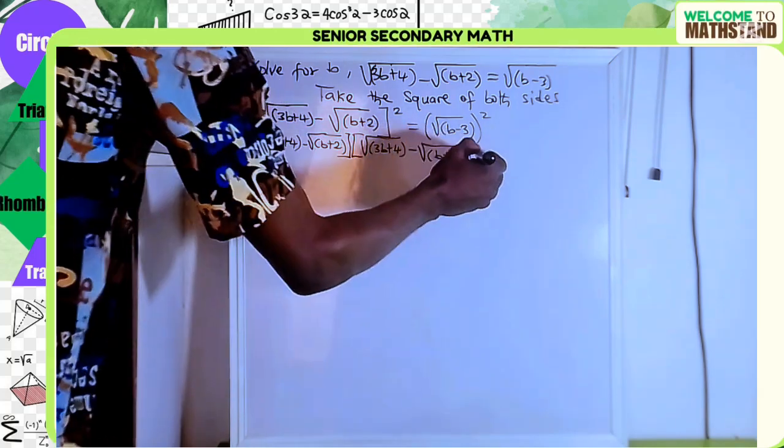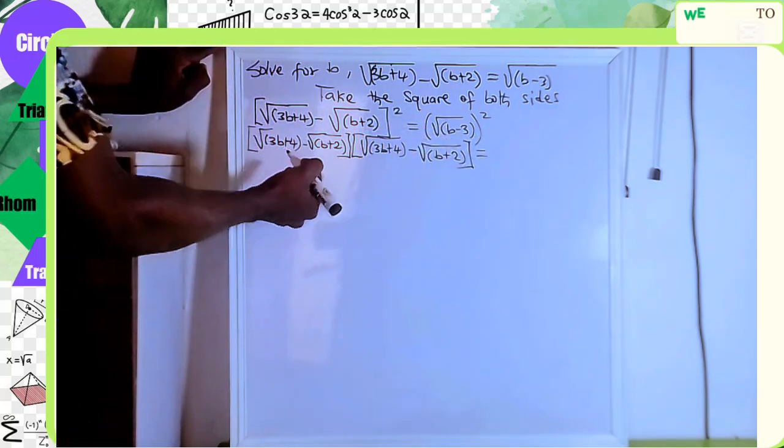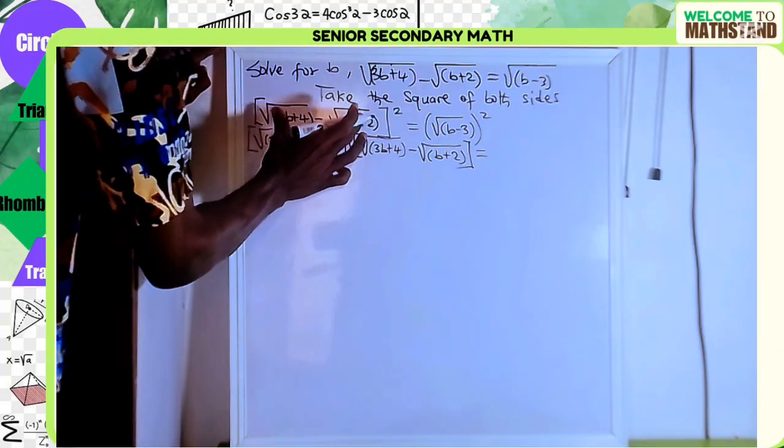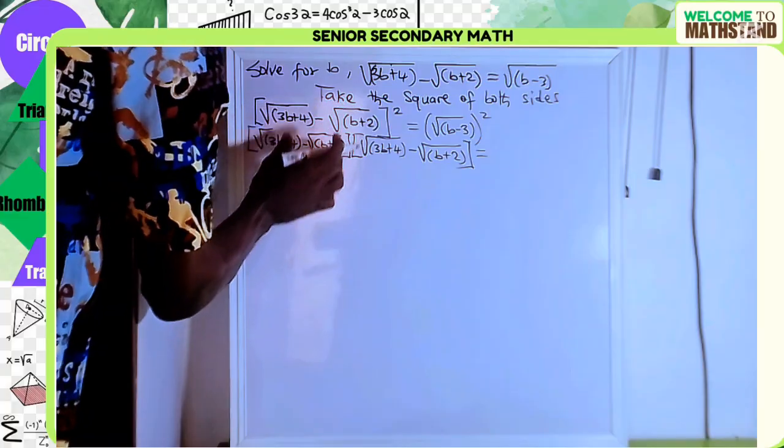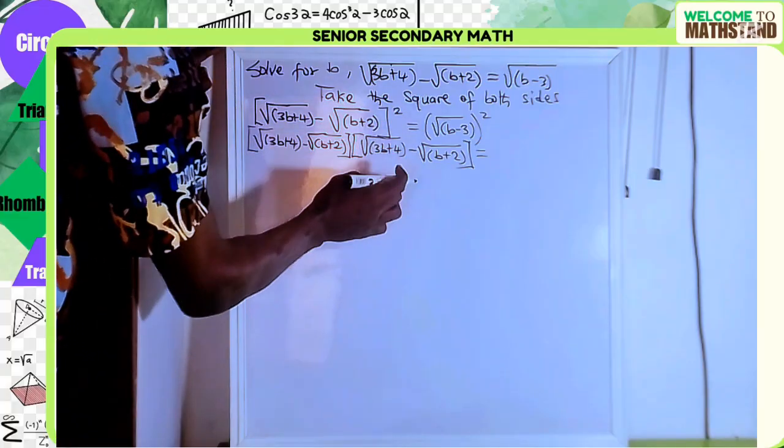I'm doing this for those that are just learning this for the first time. So you express this how many times? Two times. You can see this is the same thing here and this is the same thing here.